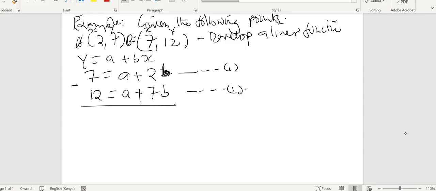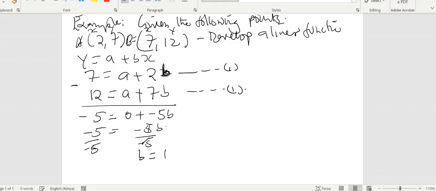If you subtract, 7 minus 12 becomes -5. -5 is equals to a minus a is 0, plus 2 minus 7 is -5b. So now you remain with -5 is equals to -5b. Divide by -5 on both sides, the -5 cancels. So b is what? 1.